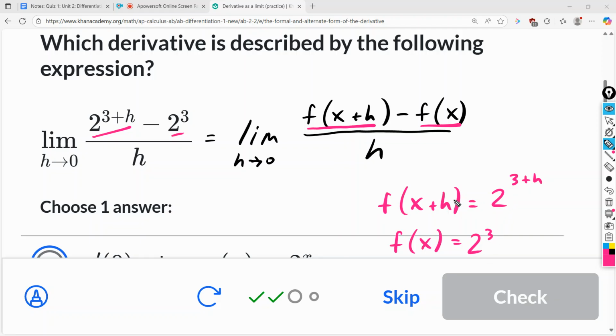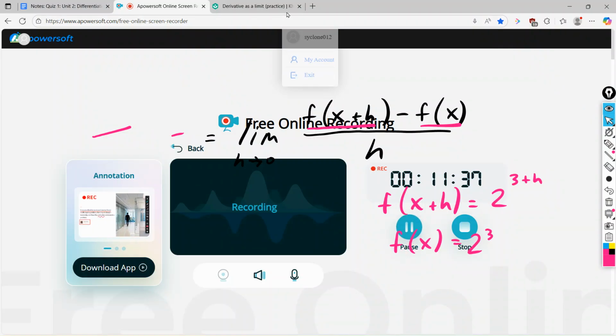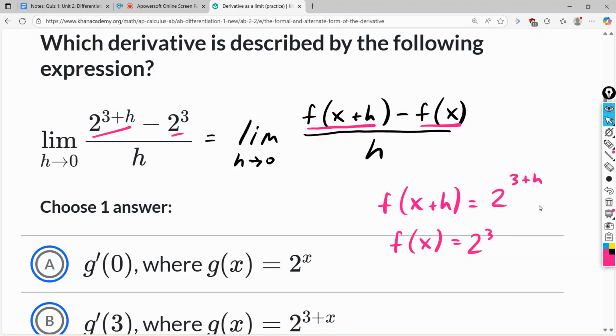All right, so we basically have to figure out a function that would give us these results. And I believe it's pretty simple here. I believe based on these two that the main function f of x is 2 to the x.